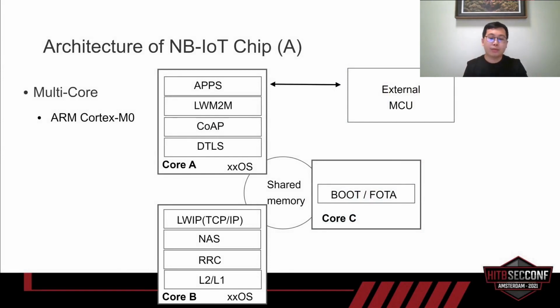Next, we will introduce two NB-IoT chip architectures. First of all, let's introduce the chip architecture of A. It is a multiple-core architecture, each core using ARM Cortex-M0. The three cores are used for different purposes, and each core has its own RTOS for task scheduling. Core A contains the application layer protocols in the TCP/IP protocol stack, such as DTLS, CoAP, LWM2M.